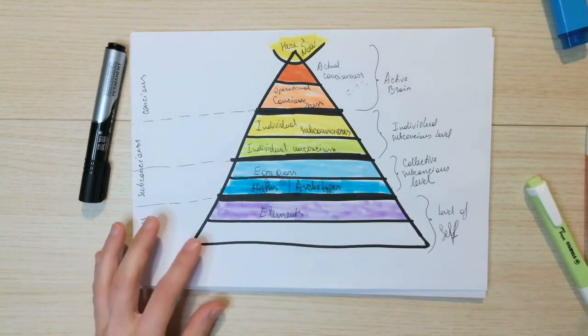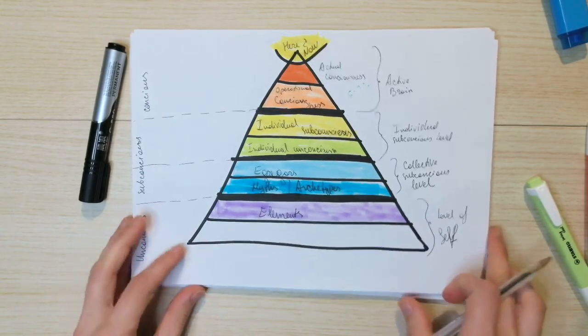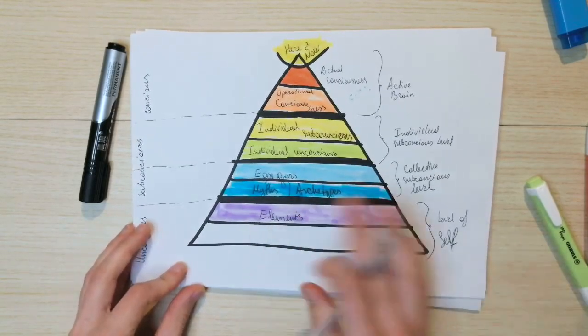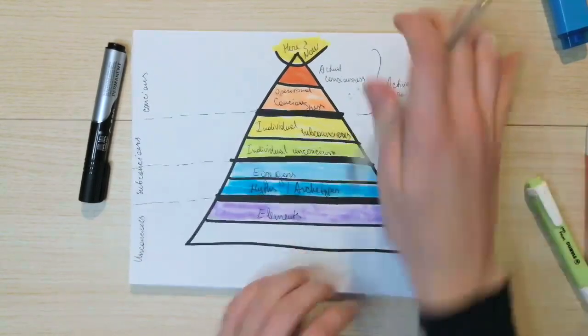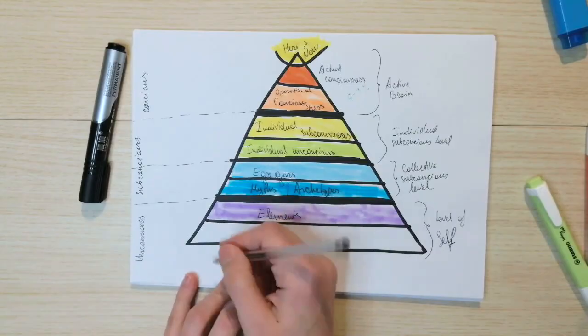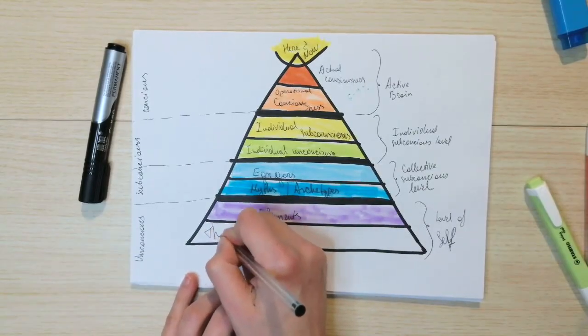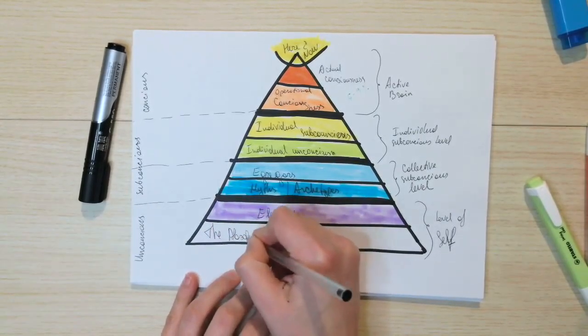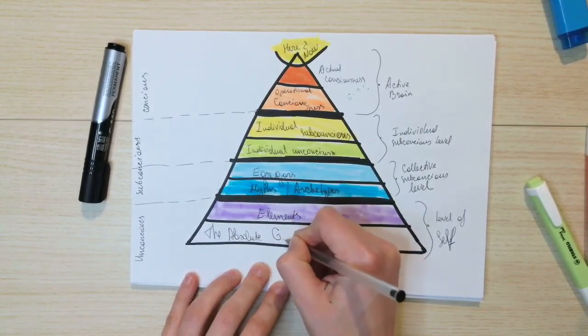And to understand why this is that, actually, let me put down the name of the last level of our pyramid, which is the absolute God.